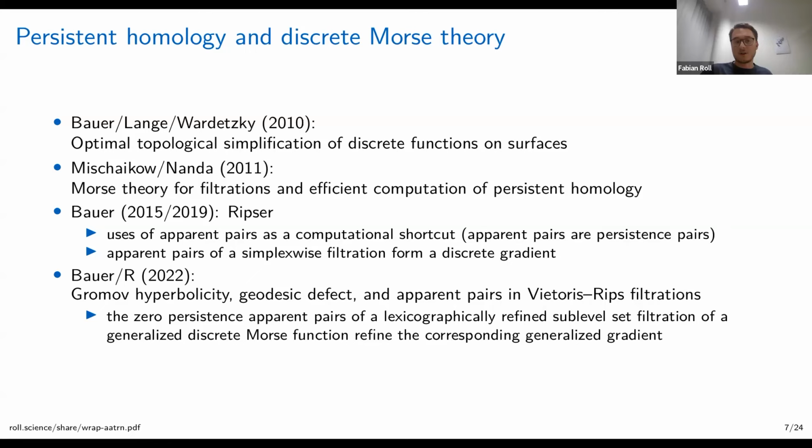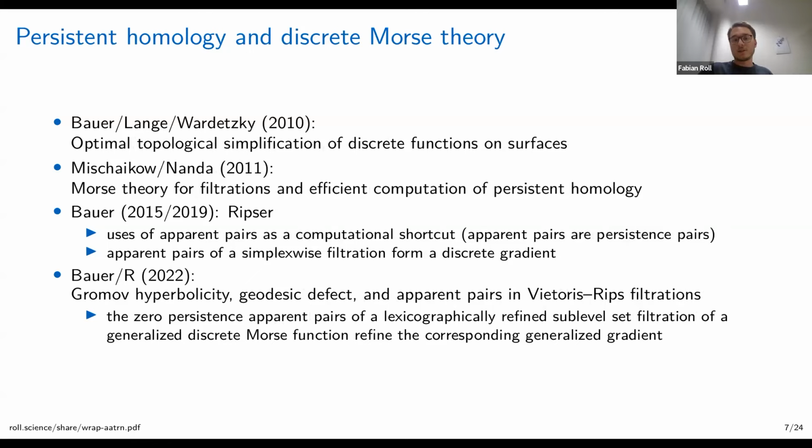So say you start with a generalized discrete Morse function and the corresponding sublevel set filtration. Good. Then what you can do is, with respect to some arbitrary total vertex order, you can refine this filtration to a simplex-wise filtration. So that's something you can do.